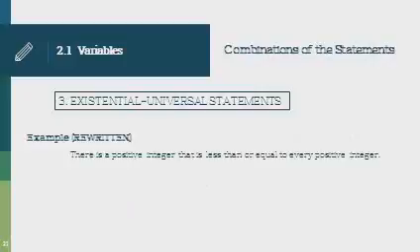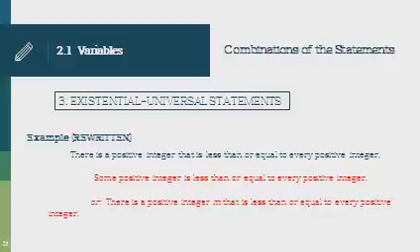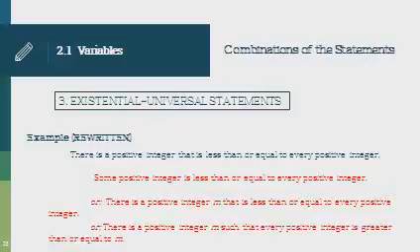Rewrite natin. Okay, some positive integer is less than or equal to every positive integer. Okay, next. Or there is a positive integer m that is less than or equal to every positive integer. There is a positive integer m such that every positive integer is greater than or equal to m.